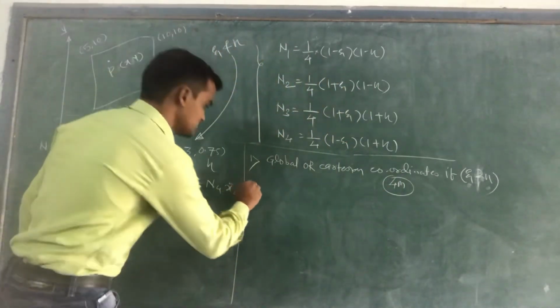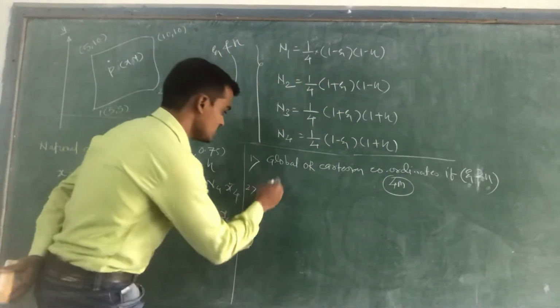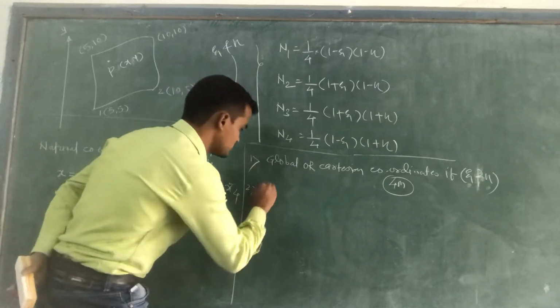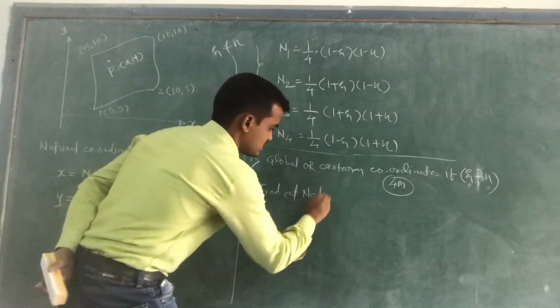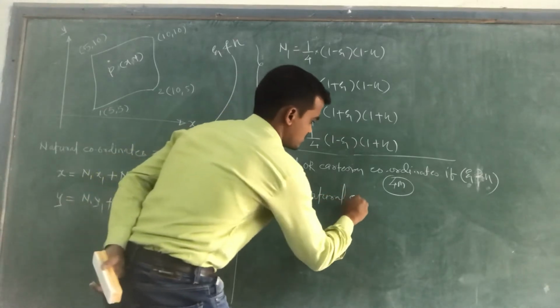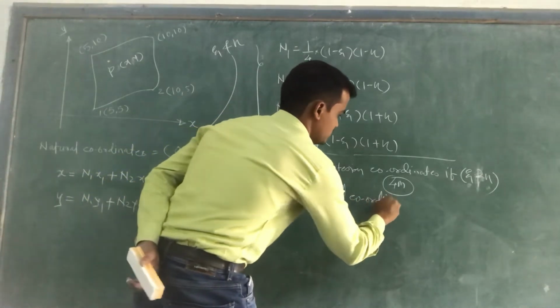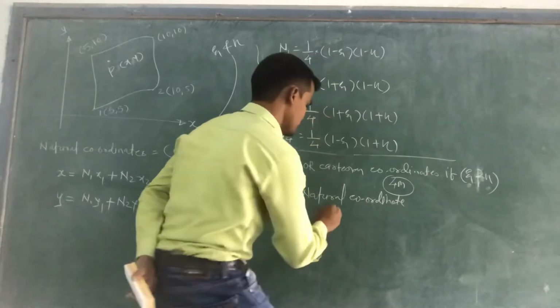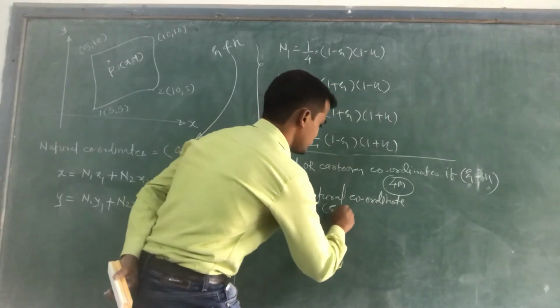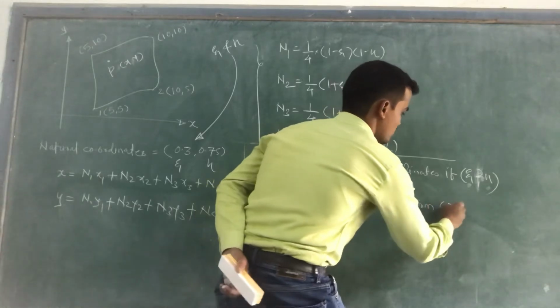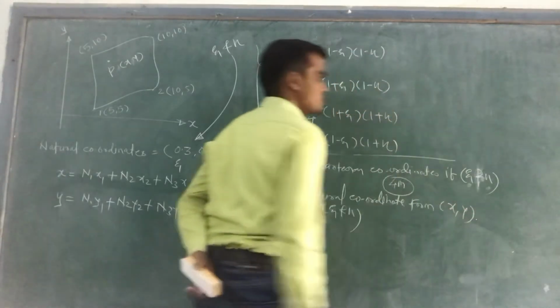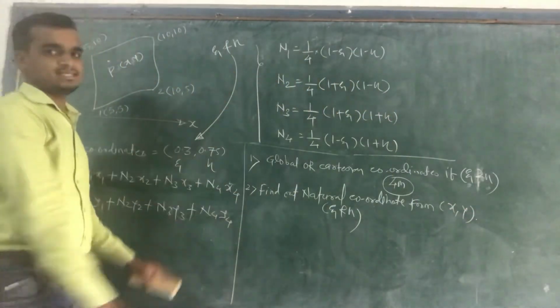Okay, then the second category is: find the natural coordinates, zeta and eta, from global or Cartesian coordinates x, y, when the same data is given.